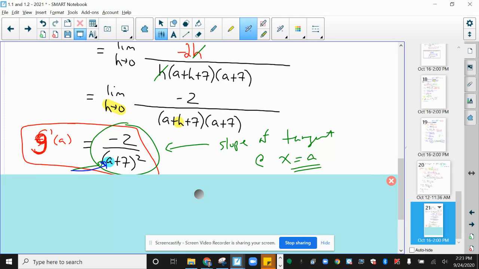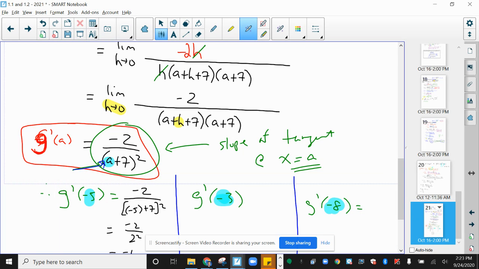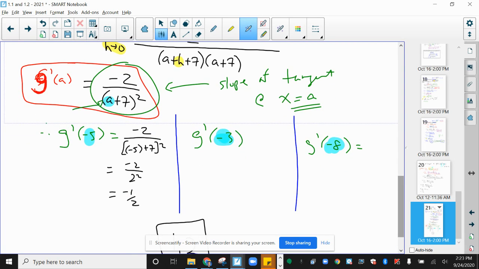You want the slope when x is 99, put 99 in there. So we wanted the slopes at -5, at -3, and at -8. You don't have to reset all the way back to the definition anymore. You can just say, put -5 in there, slope is -0.5. Put -3 in there, I'll let you work it out. Put -8 in there, I'll let you work it out.